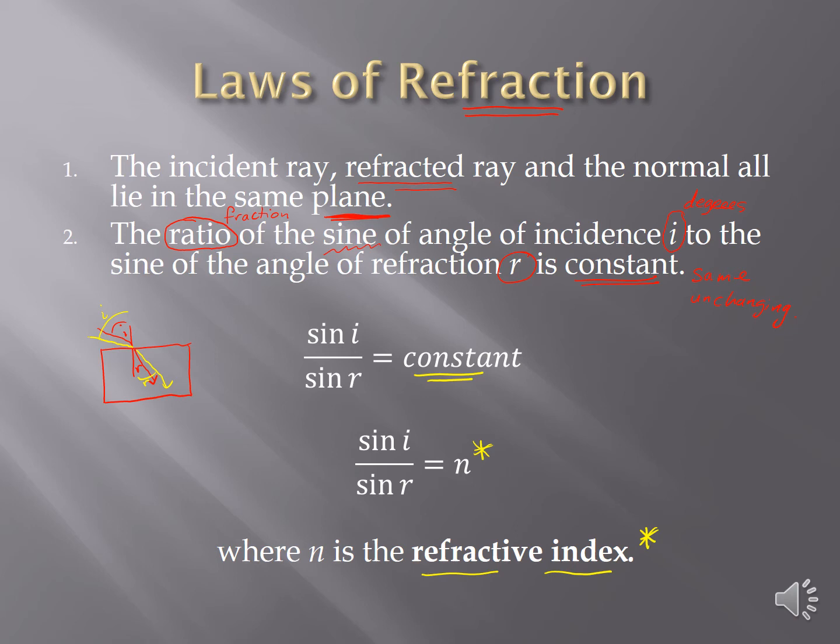Technically this definition holds for when light moves from a vacuum into the glass block, and it gives the refractive index for the glass block. Different qualities of glass have different refractive indices. Plastic, or perspex, has a different refractive index to glass. Water is different again.